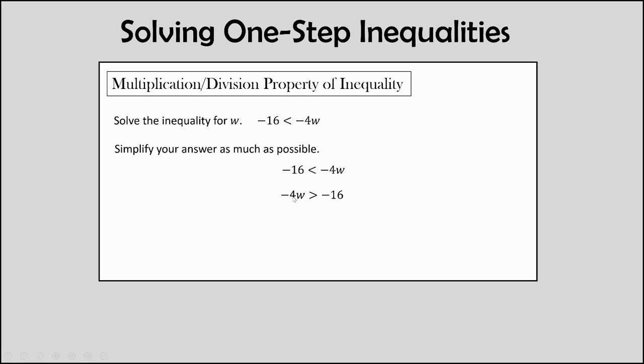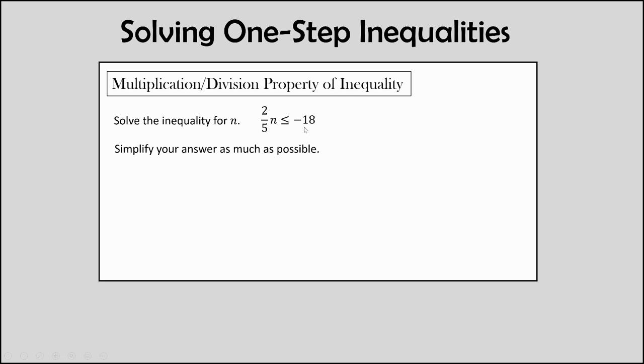So we're going to divide each side by -4. When we divide by -4, since we're dividing using a negative number, I've got to switch the inequality sign. So now it goes back to less than. -4 divided by -4 is +1. -16 divided by -4 is +4. There's my answer. Any number that's less than 4, you can plug it into this inequality and make it true.